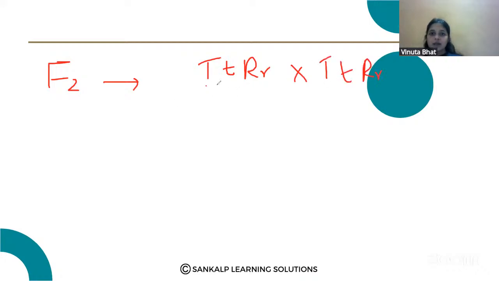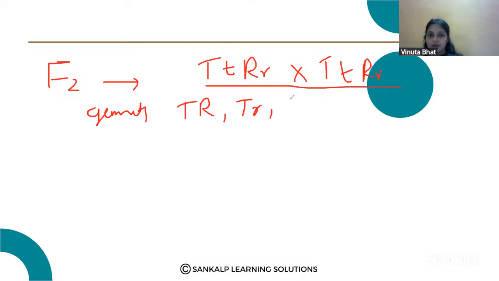So these plants produce the gametes, that is capital T capital R, capital T small r, small t capital R, small t small r. Okay, these are the gametes. So let us obtain the F2 plants by using the checkerboard.